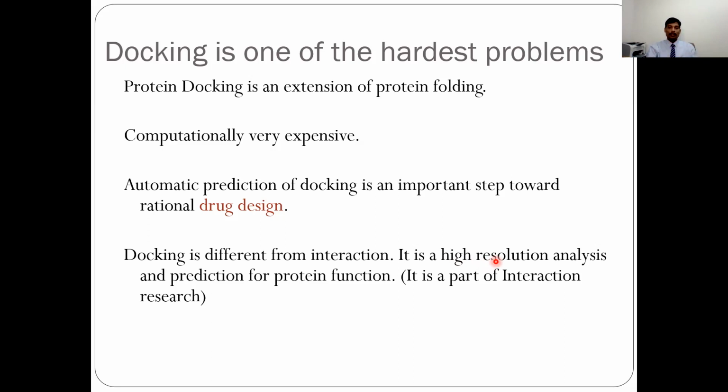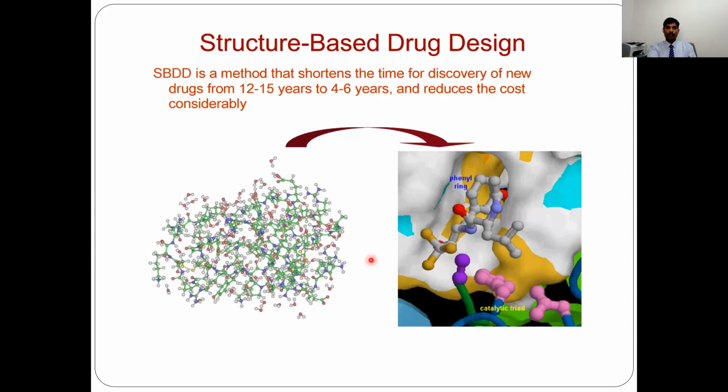While binding to the surface area or the groove region of the protein, how efficiently can it bind, how many kinds of interaction can it make, and can it make the binding energetically favorable? That is the docking. So it requires a lot of other things to be calculated and analyzed. Structure-based drug design.